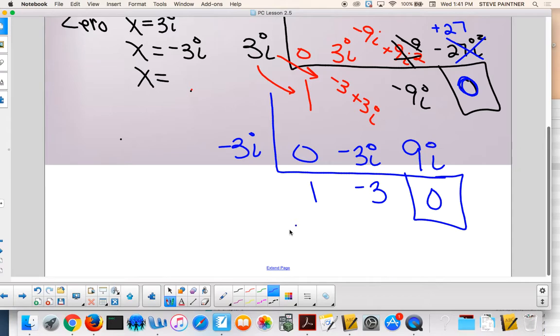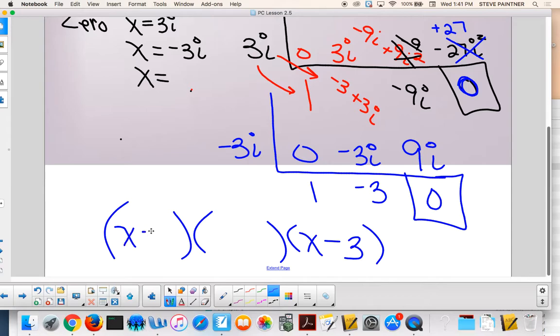This creates your last factor. It will be x minus 3. Just a quick question. What were your other 2 factors again? 3i. Well, no, 3i was a 0, but that came from what factor? X minus 3i. Negative 3i was a 0.